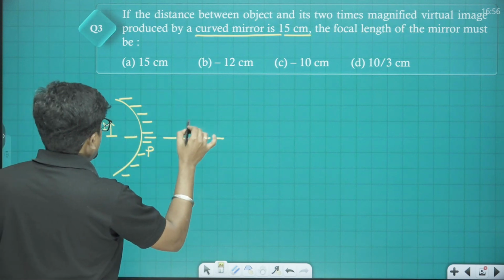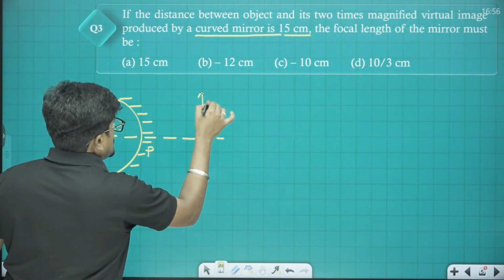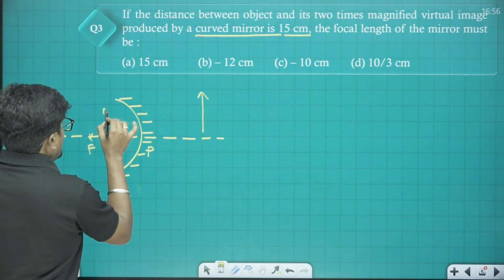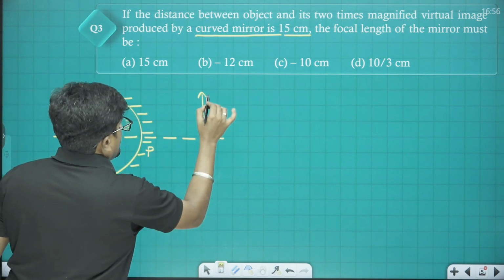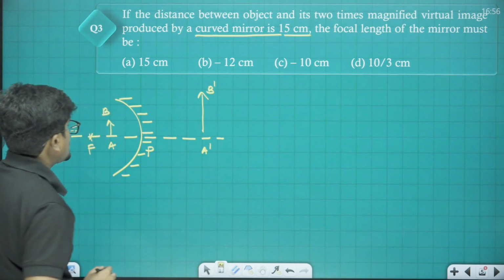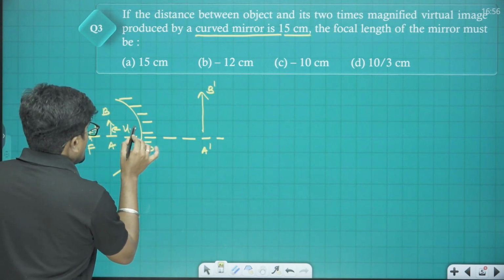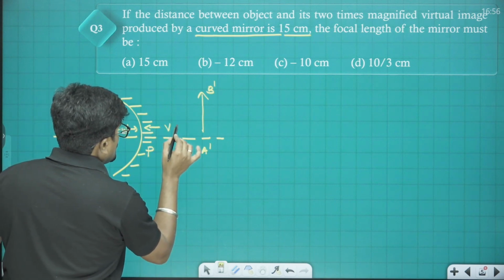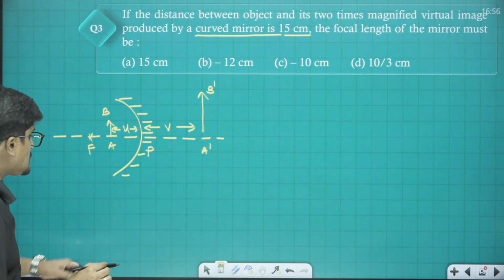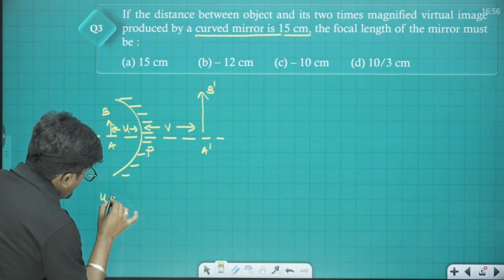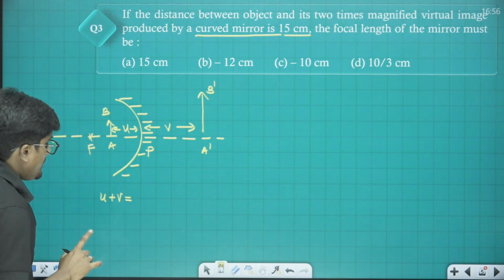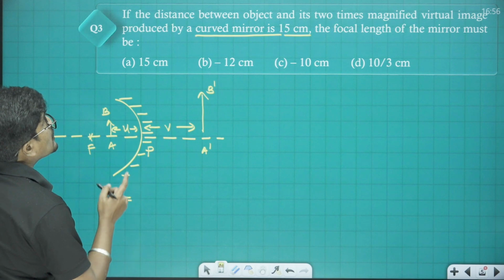So here this is A, B, and this is A dash, B dash. I can mark this as U and I can mark this as V. So the magnitude of U plus V, I repeat, magnitude of U plus V, is equal to how much?